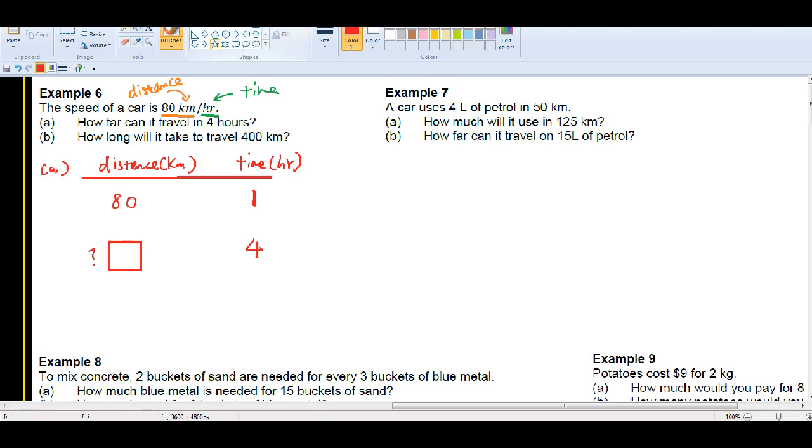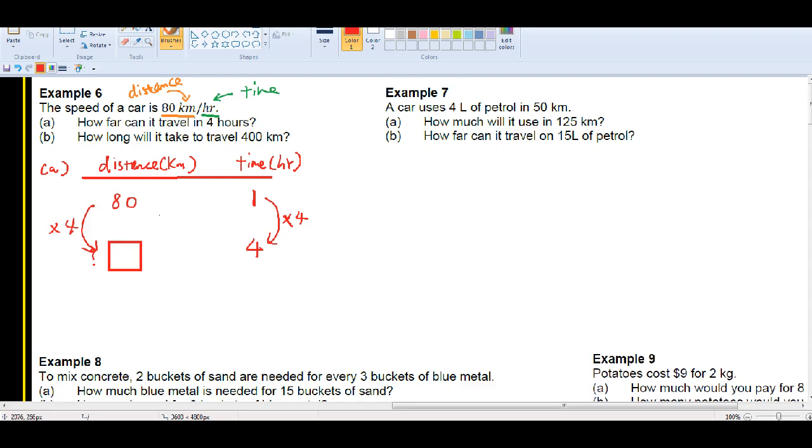Okay, but how can we find it? Just consider from the perspective of time, from 1 hour to 4 hours, how much has it increased? 4 times, in time times 4. So if this side is times 4, the other side must times 4 as well, right?